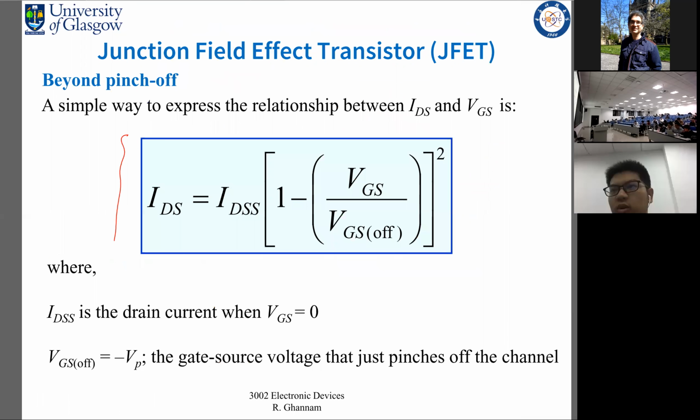As a result, increasing VGS results in a decrease in IDS. IDSS is the saturation drain current when VGS is equal to 0. VGS off is the pinch-off voltage. This is the gate-source voltage that is required in order to cause pinch-off.